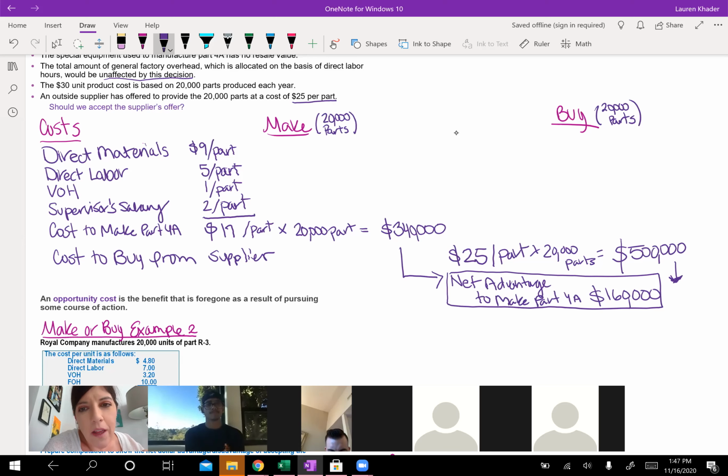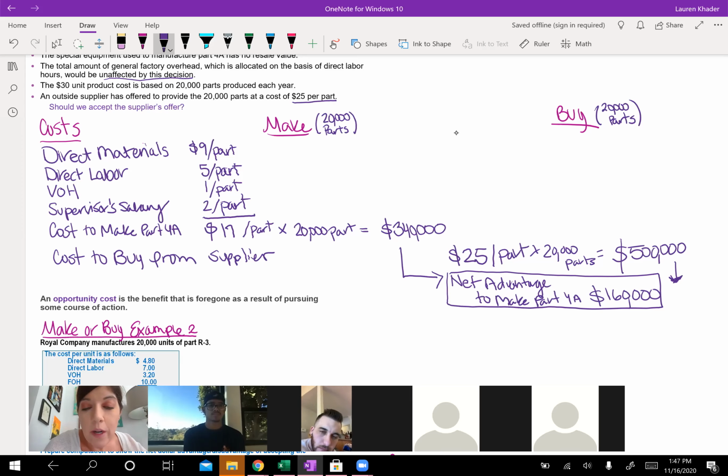With the opportunity cost, it always impacts the make side of a make or buy decision. Because with the make side, we're deciding whether or not to continue making this part in-house, and we're giving up that potential revenue or potential benefit that we could be earning from producing some other part, renting out the facility to another business.